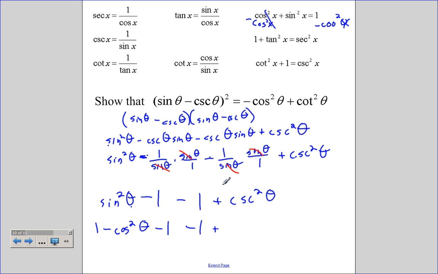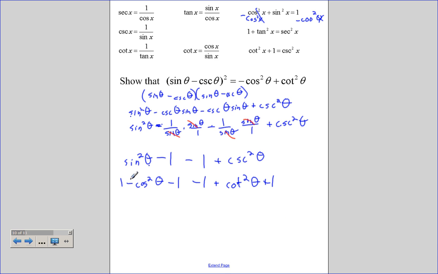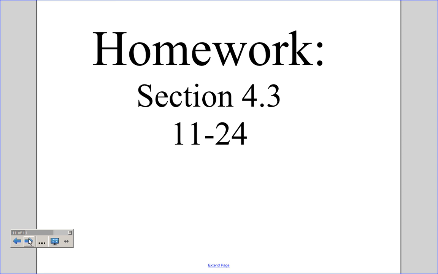So we have cotangent squared theta plus 1. And now I have 1 minus cosine squared theta, minus 1, minus 1, plus 1. So all those ones cancel out. So I have negative cosine squared theta plus cotangent squared theta. And that's what's on the right-hand side. So I'm done with my trigonometric proof. All right, hopefully that gets you through the homework.